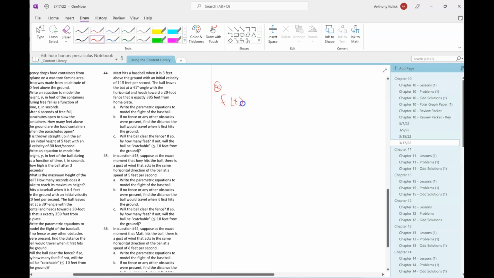Okay. Oh, I think we called this S of t because it's a position. Anyways, x is initial velocity, 115, cosine theta, cosine 41, t.